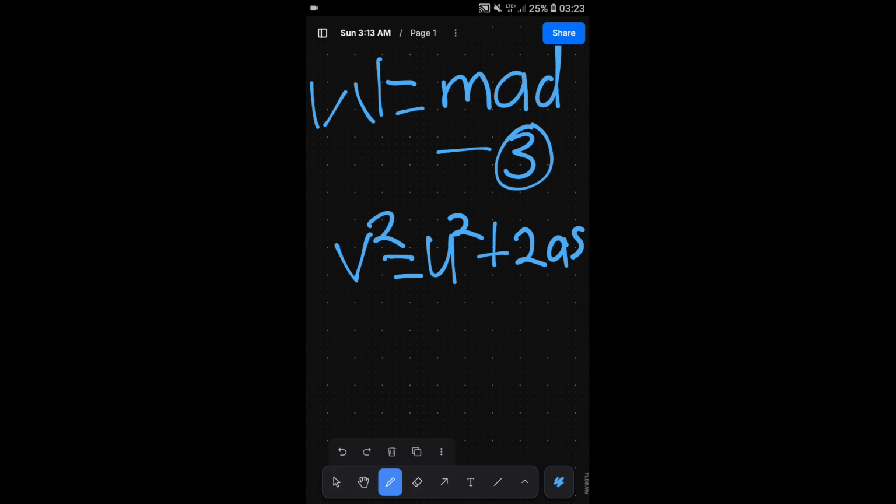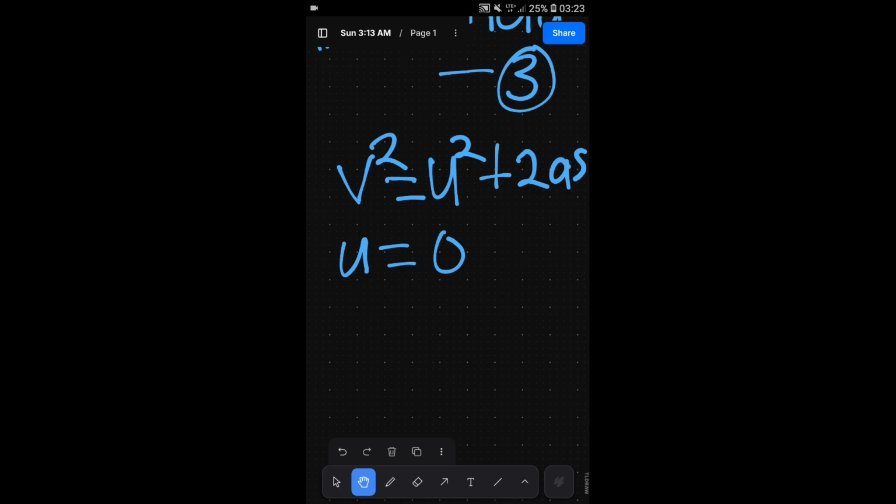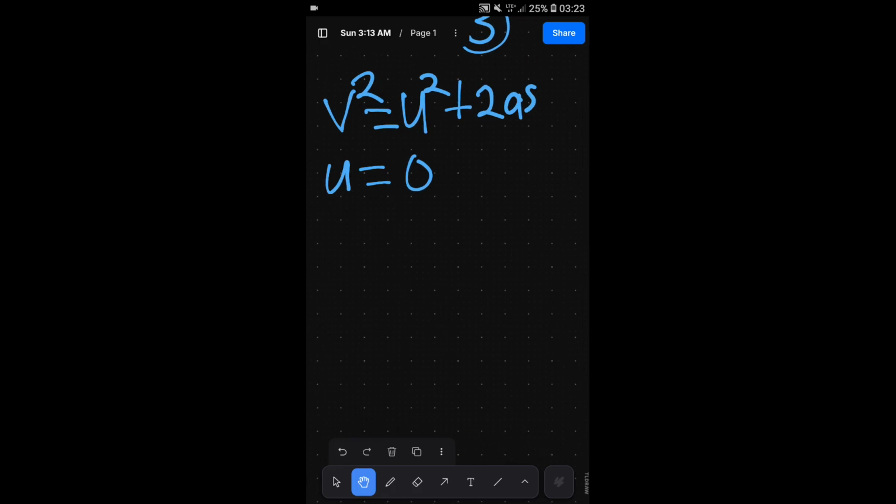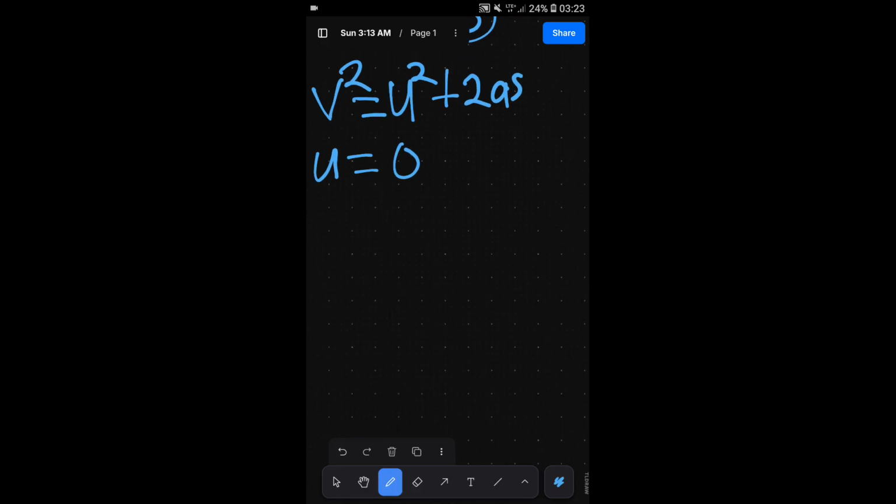Now considering that the object starts from rest, the initial velocity is equal to 0. So u is equal to 0, and if u is equal to 0, the equation reduces to v² equals 2as.